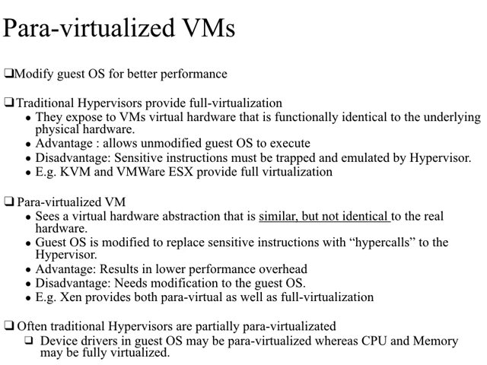So just like normal processes, when they want to do certain privileged operations, they make system calls to the operating system. Similarly, guest operating systems can be modified so that when they want to do certain privileged operations, they make hypercalls to the hypervisor. So a hypervisor has to expose a hypercall interface.